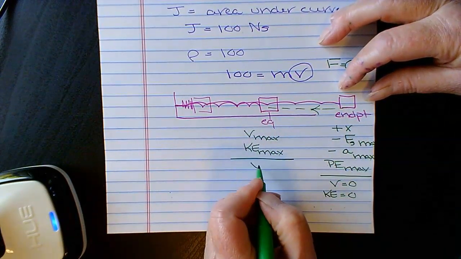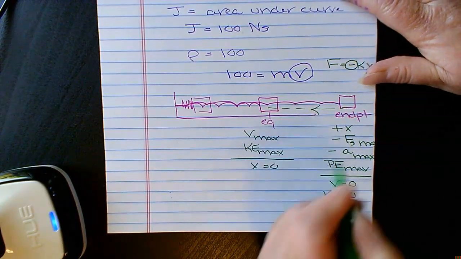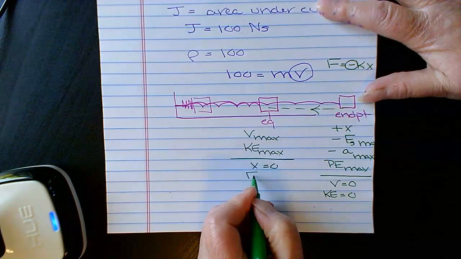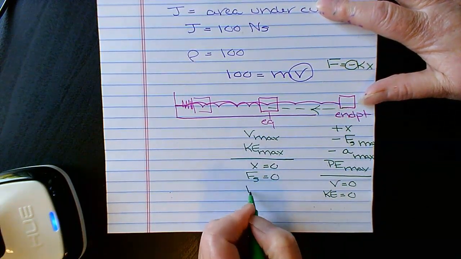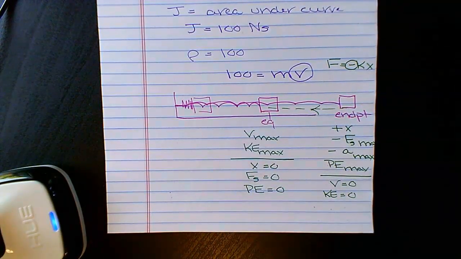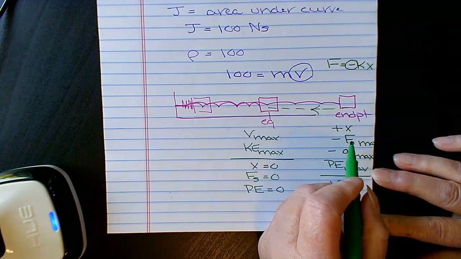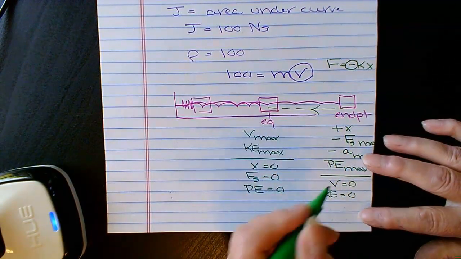So x equals 0 when it's at equilibrium. And that means the restoring force is temporarily 0. So that means the potential energy is 0. And so these things always kind of work together in groups.